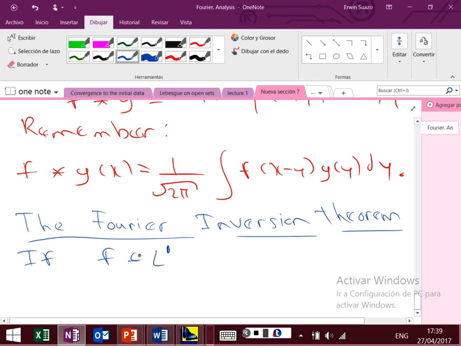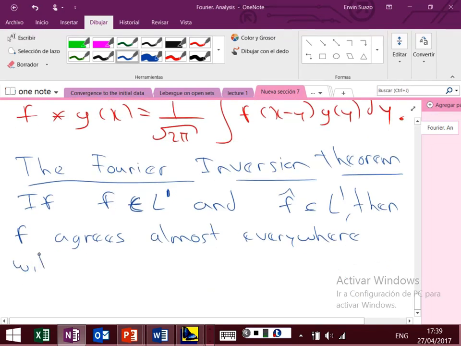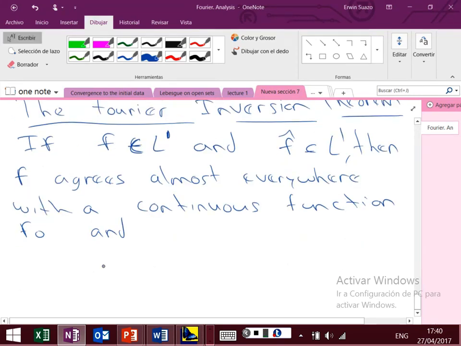So if f is L1, we all know what that means, right? The absolute value is integrable, and its Fourier transform is also integrable, then f agrees almost everywhere with a continuous function f sub 0, and this is another standard notation.